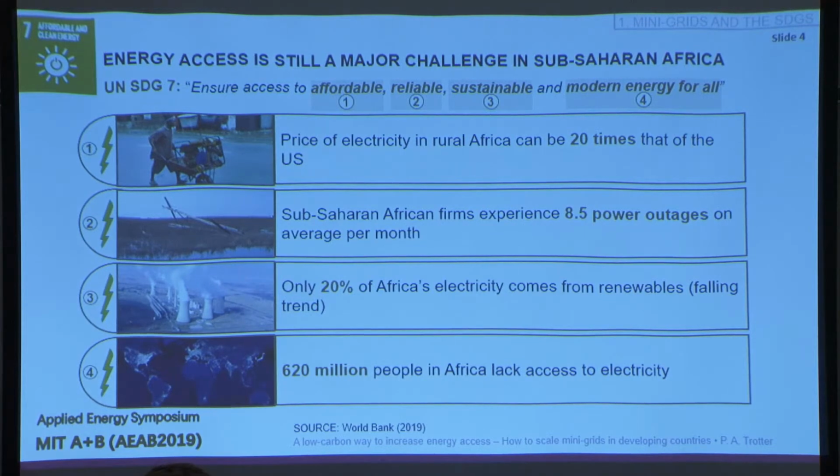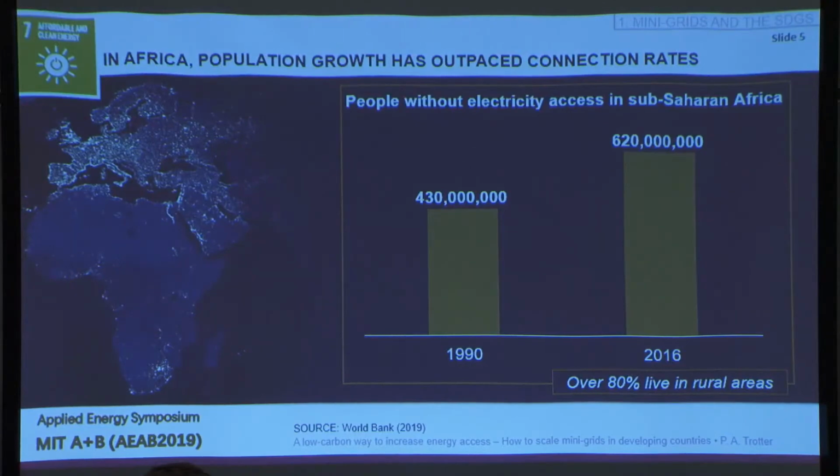And what is crazy about this number, I mean, it's crazy in itself, but what is even more crazy is if you look at this chart, which compares the amount of unelectrified people now to what it was 2.5 decades ago. And what we see is that population growth in Africa has outpaced connection rates. So now the overall amount of people without electricity has increased by almost 50% in those 2.5 decades.